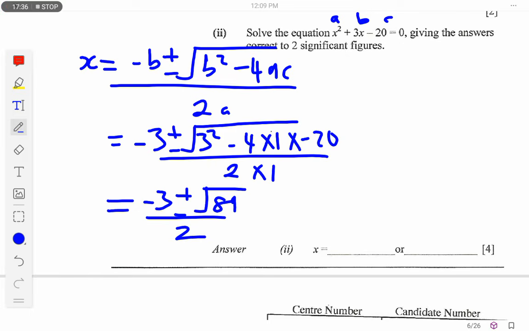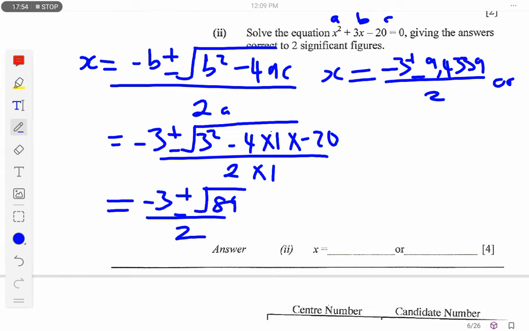And this is going to give me x equals minus 3 plus or minus 9.4339 over 2, or it's going to give me x equals minus 3 minus 9.4339 all over 2.